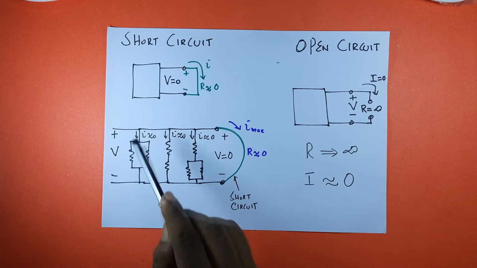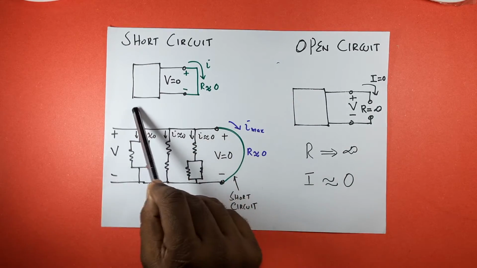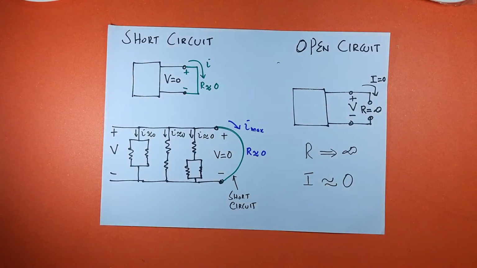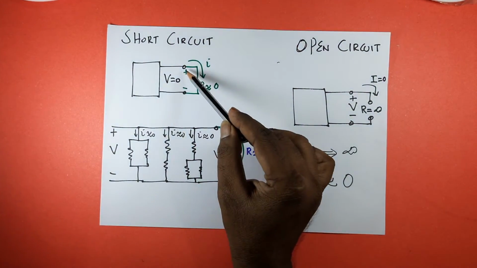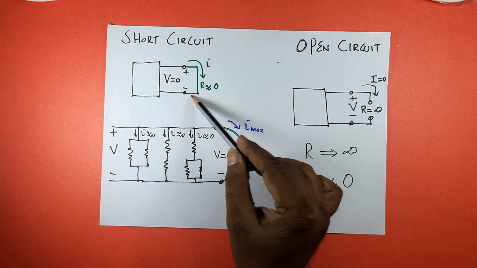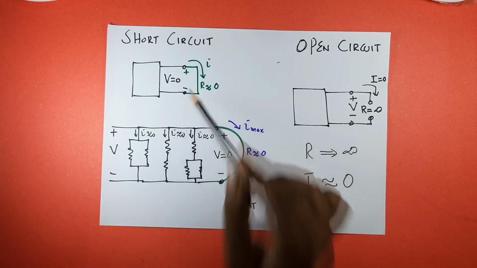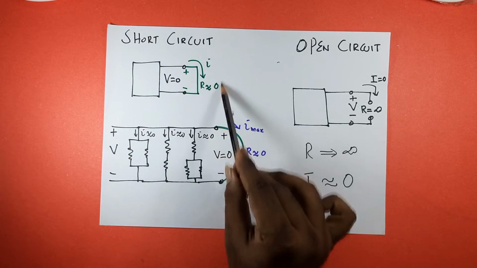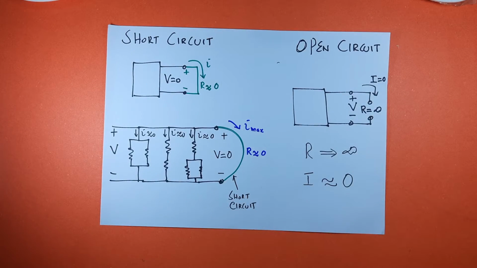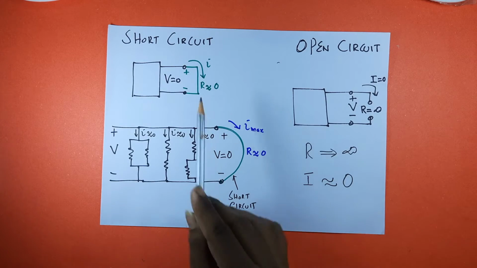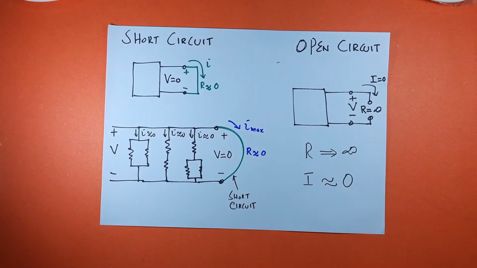Okay. Suppose I have one circuit, for example. These two are the outer terminals. I place a wire, a simple wire, whose resistance is almost zero. So this is called a short circuit. So when I short circuit across two terminals of a circuit, the voltage becomes zero.